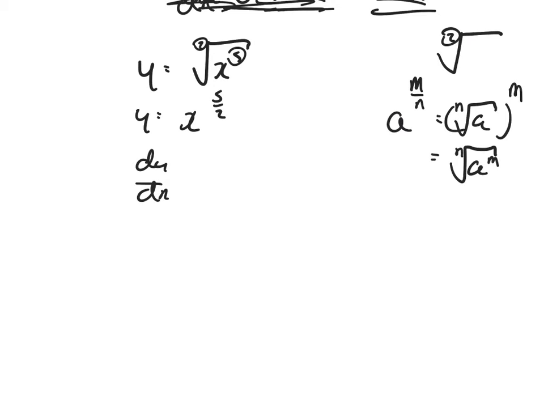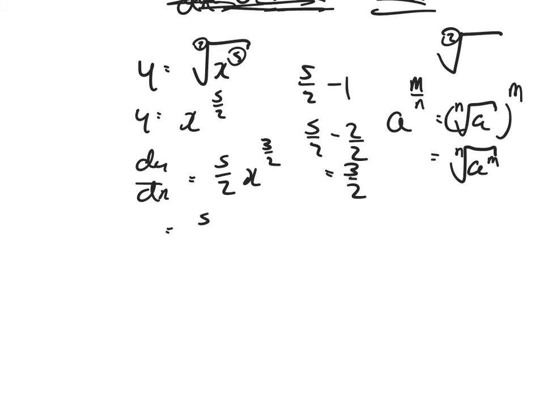And now differentiate it, and that will be 5 halves x to the power 3 over 2. I can then reintroduce the root, so that will be 5 halves of the square root of x all cubed.